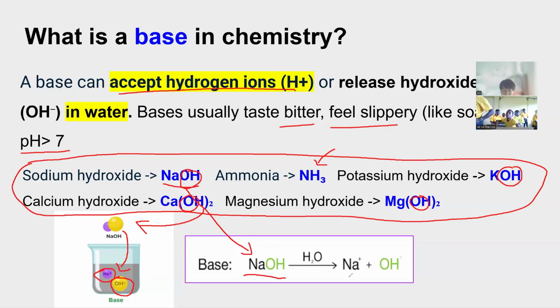It separates into Na and OH, but this is really temporary because since NaOH accepts a hydrogen, hydrogen is automatically added to hydroxide, and then it just simply equals H2O, which is water.